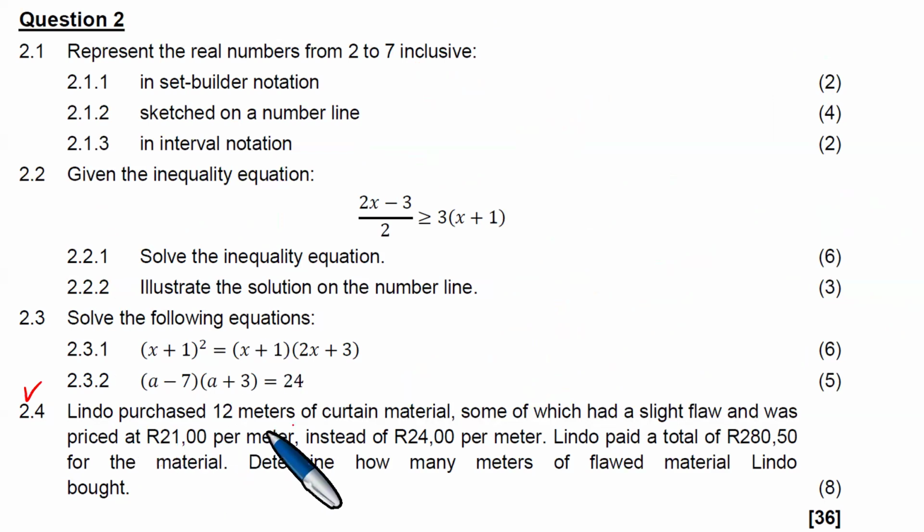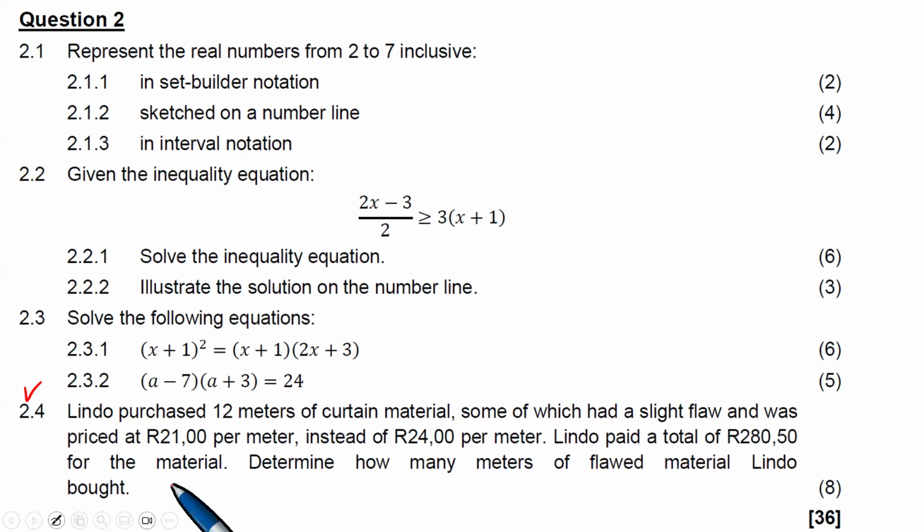Lindo purchased 12 meters of a curtain material, some of which had a slight flaw, and was priced at 21 Rand per meter instead of 24 Rand per meter. Lindo paid a total of 280 Rand and 50 cents for the material. Determine how many meters of flawed material Lindo bought for 8 marks.